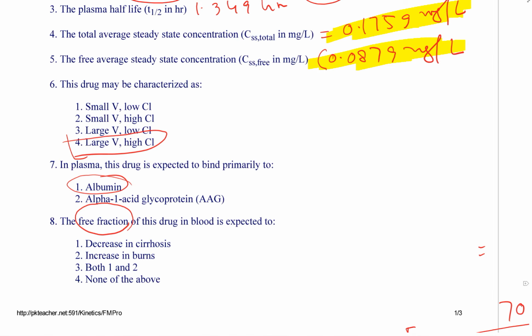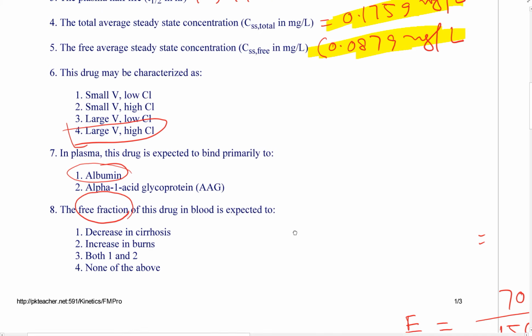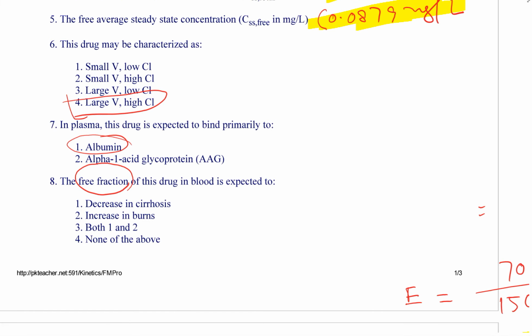So now let's go back to number 8. In the case of burn, the free fraction should increase because burn reduces albumin. Let's go back here to protein binding.